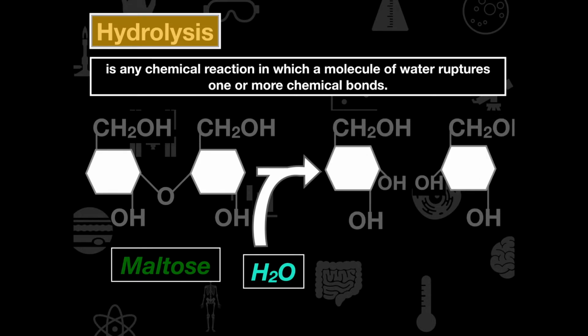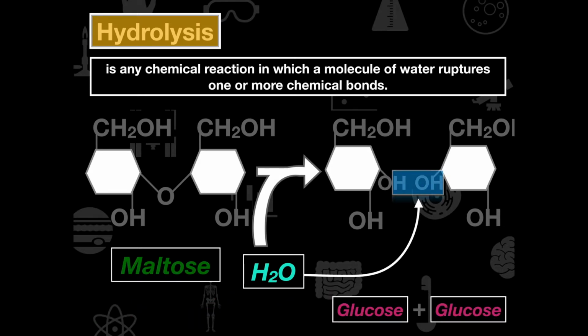We will rupture those chemical bonds. Those two monomers will now take on that water molecule, and we'll get two glucose molecules, or two glucose monomers. We can separate that polymer into two monomers by placing the water in those chemical bonds in between them. Again, the name for this is hydrolysis.